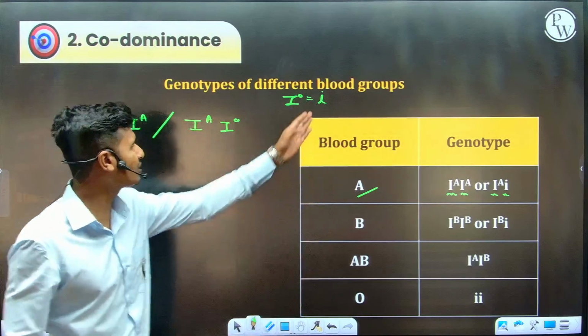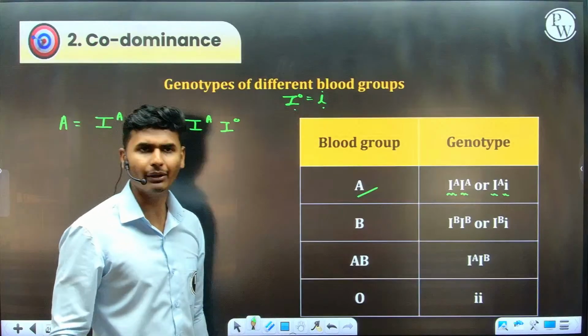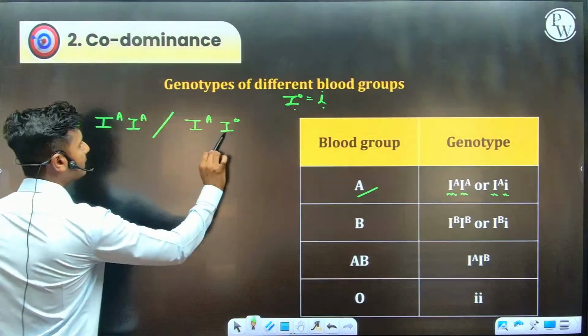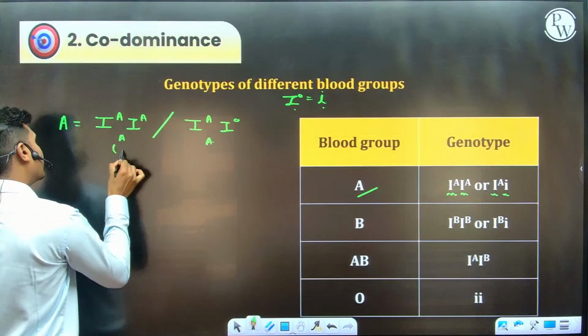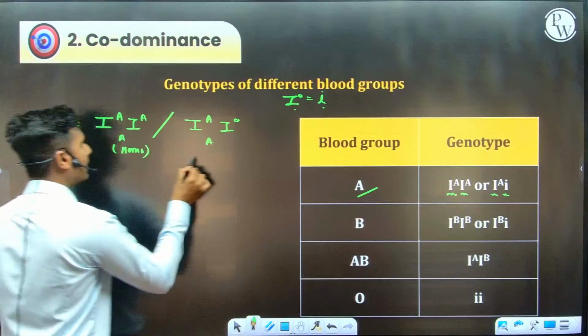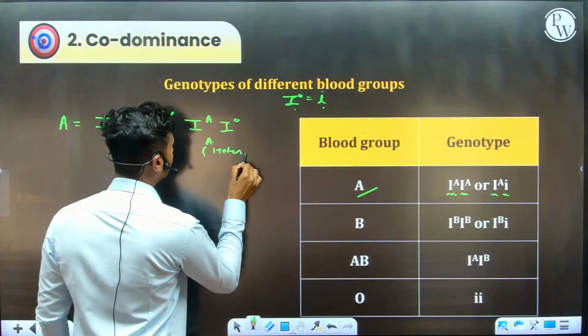In some books they show small i, in some books they show IO. So let's consider this. This is also blood group A, this is also blood group A, but this is homozygous and this is heterozygous.